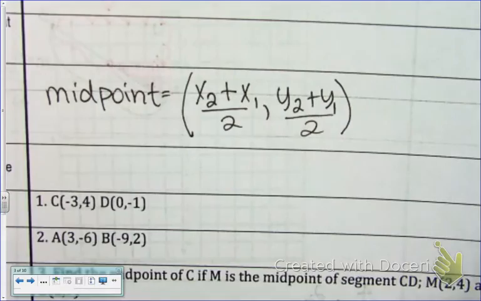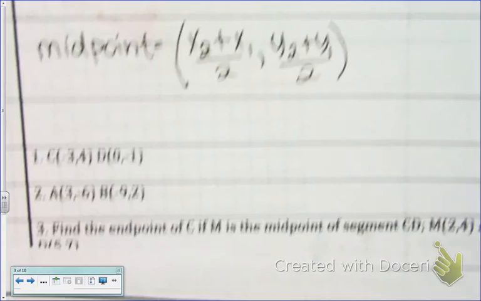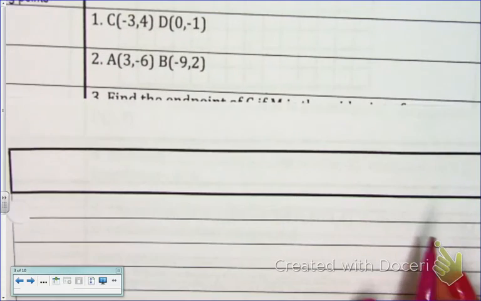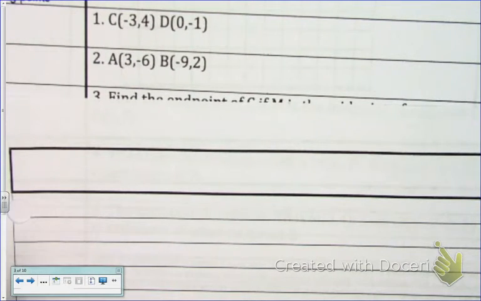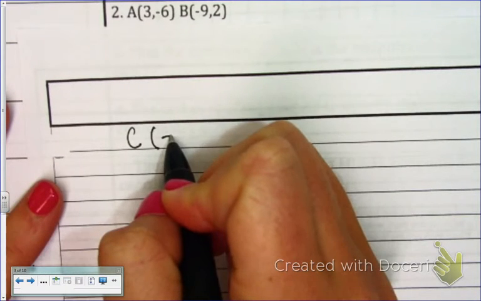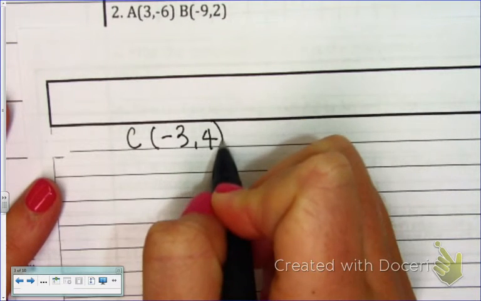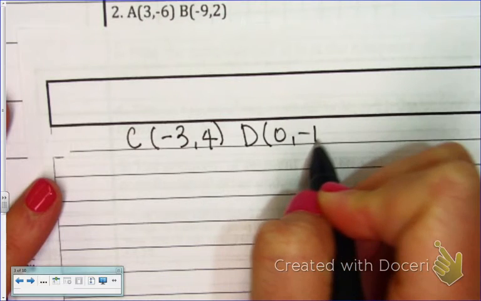Now, with this, there's a couple questions, 1 through 5, on the bottom, so I'm going to work those problems out using another sheet of paper so that you can see how I work them out. That way, if you have any questions, you can look back at this recording. So we have our point C at (-3, 4), and our D is at (0, -1).